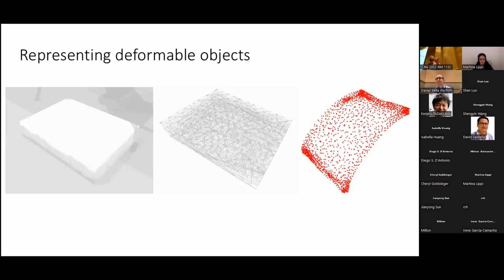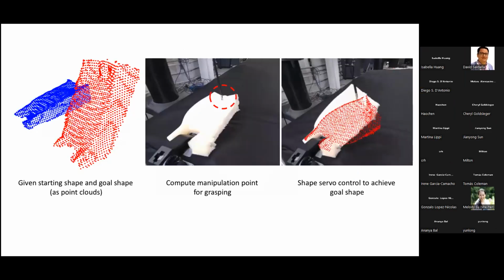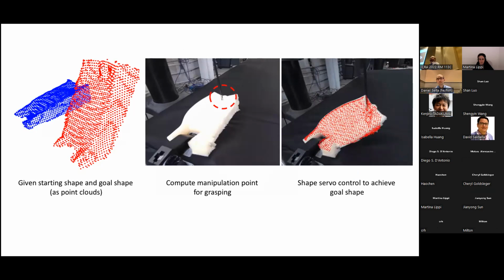Okay, so we want to manipulate deformable objects in medicine. We want to do it in such a way that we're leveraging kind of the sensing modality that we're getting. And so let's think about it in this way. This is the kind of sub problem we're going to solve here. So the first thing is we're going to take our current shape of some deformable object in the form of a partial view point cloud.